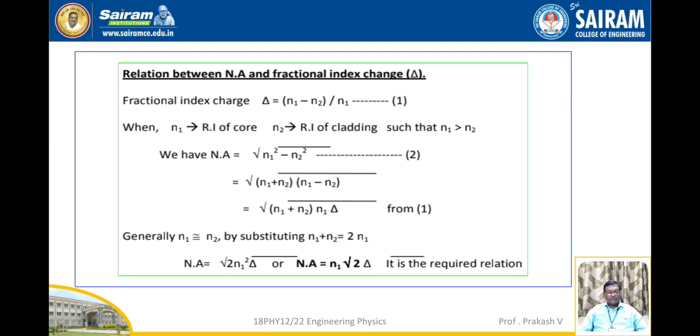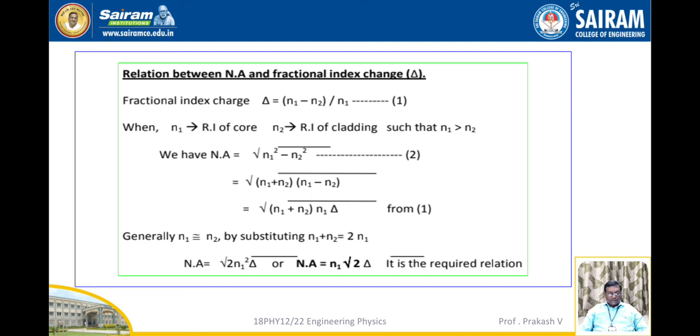And we have one more expression, that is numerical aperture is equal to square root of n1 square minus n2 square. Consider that as equation number 2. So you can write n1 square minus n2 square as n1 plus n2 into n1 minus n2. That is the mathematical expression. So it will be written as square root of n1 plus n2 into n1 delta, because n1 minus n2 is nothing but n1 delta.